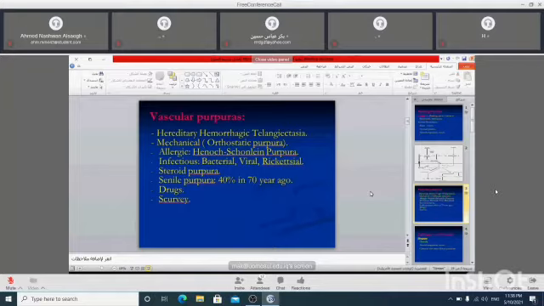So, causes of purpura, vascular causes اللي عددناها: hereditary hemorrhagic telangiectasia due to abnormal blood vessels. It is autosomal dominant. A young patient presents with damage or rupture of these blood vessels and bleeding from the GIT, presenting with anemia.